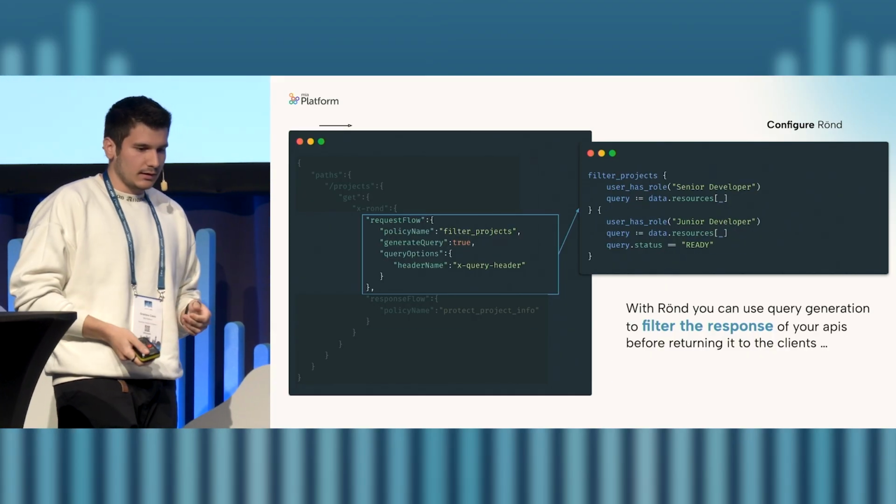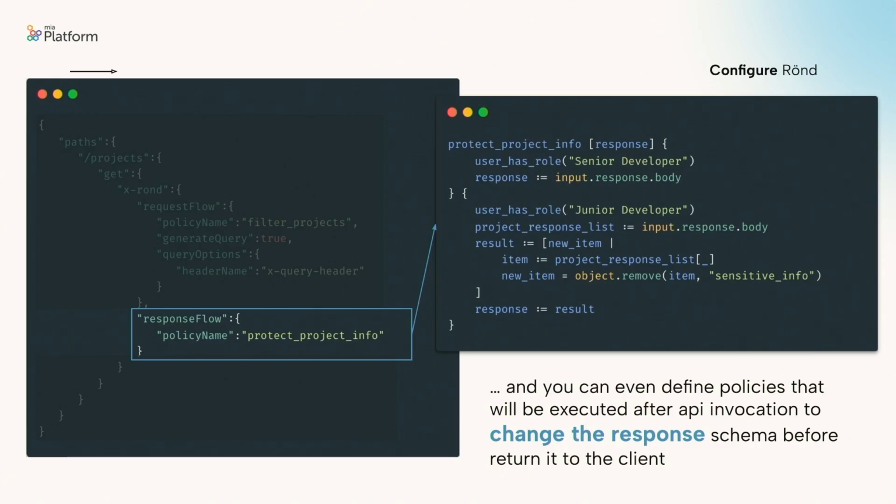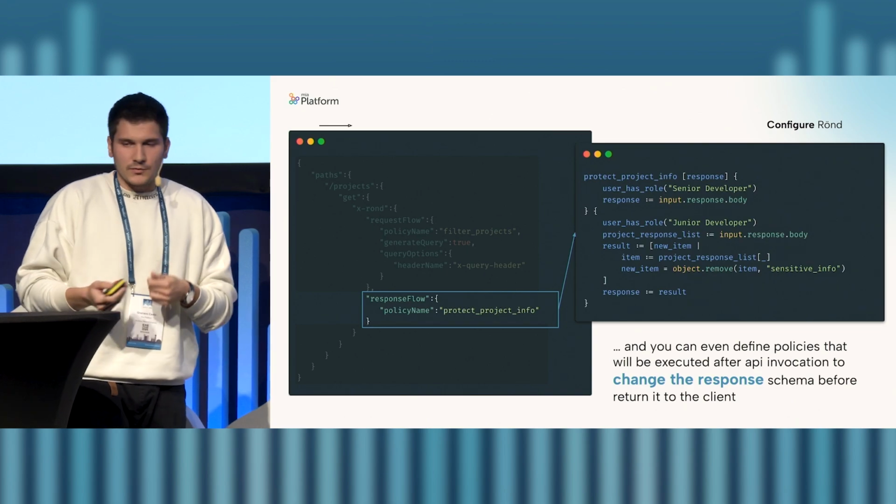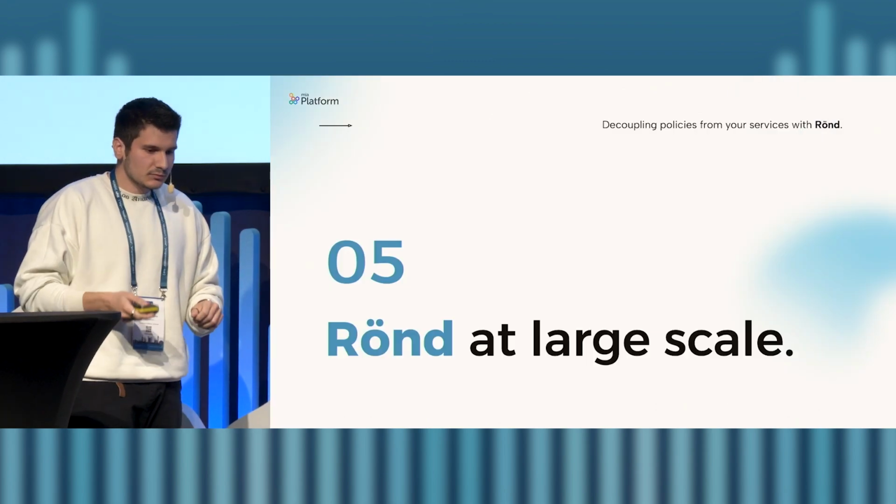And the other feature is the possibility to change the schema of the response before returning it, so that you can, for example, remove sensitive data by changing the schema of the resource before returning it to the clients.